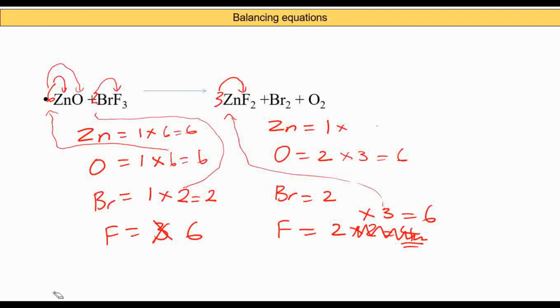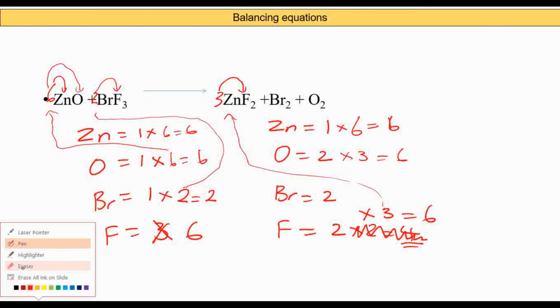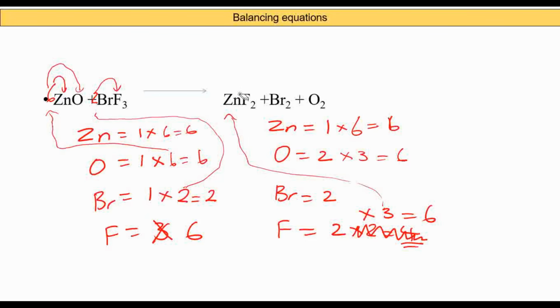I now need to change that to 6. Good. So that now becomes 6, and I need to remove my 3. Change that to 6. So now that becomes 12.